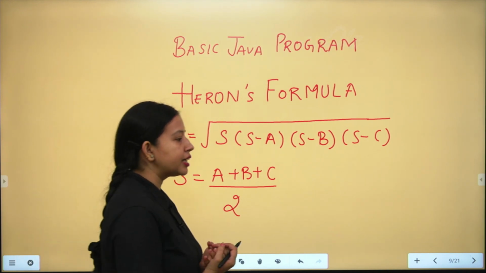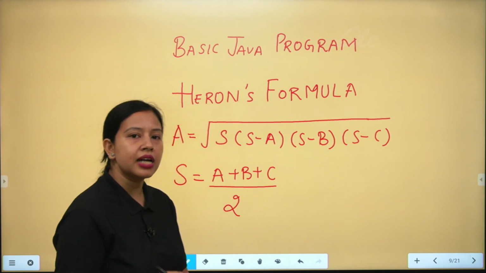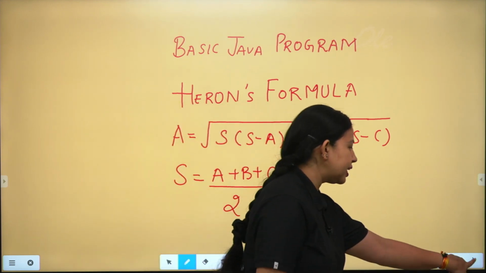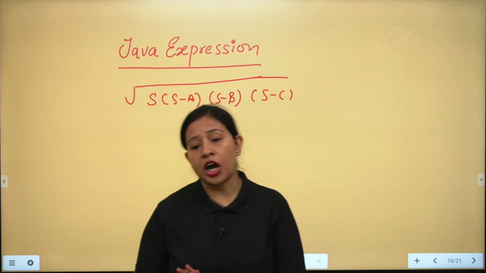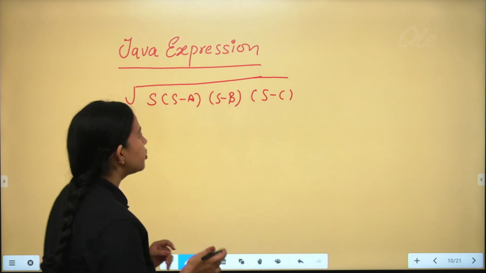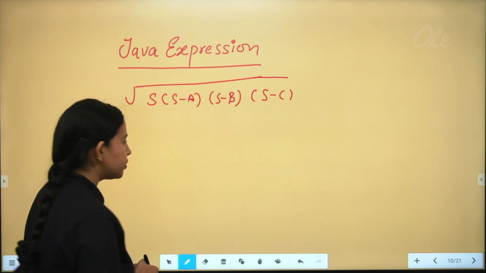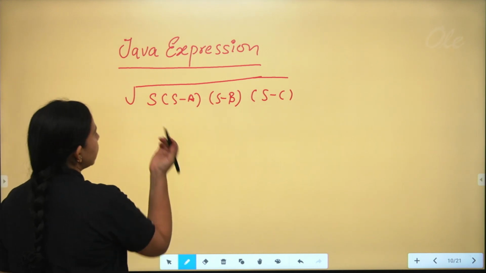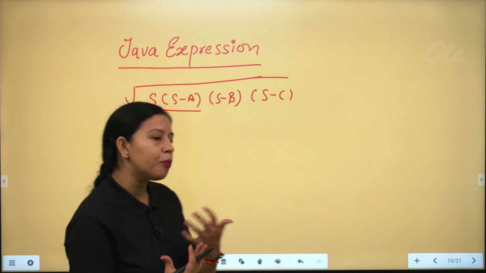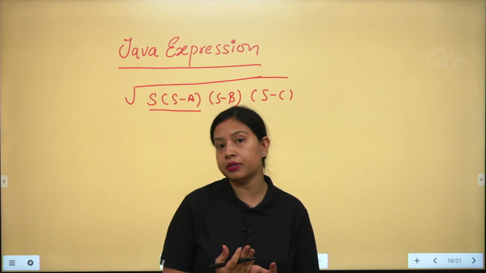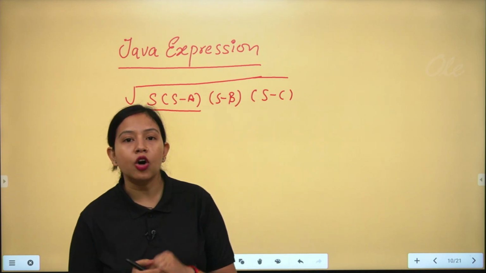So before starting the program, we must understand the concept of Java expressions, which we have already discussed in your theory sessions, but here once again I am giving you a quick brief. The one thing you should remember: any two operands, meaning variables, must have an operator between them.